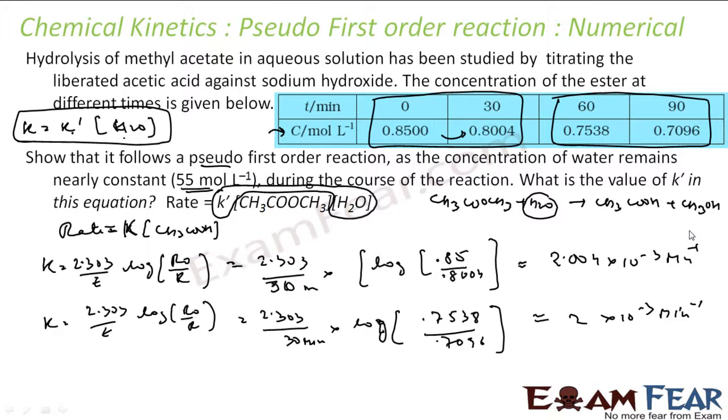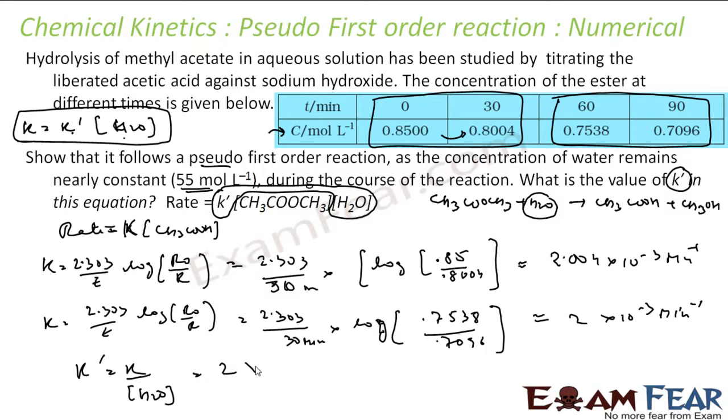That part is done. The next part is we have to find the value of K dash. The equation we know is K is nothing but K dash into water concentration. K is something which we have found. So K dash will be what? K by H2O. K dash is nothing but K by H2O from this equation.